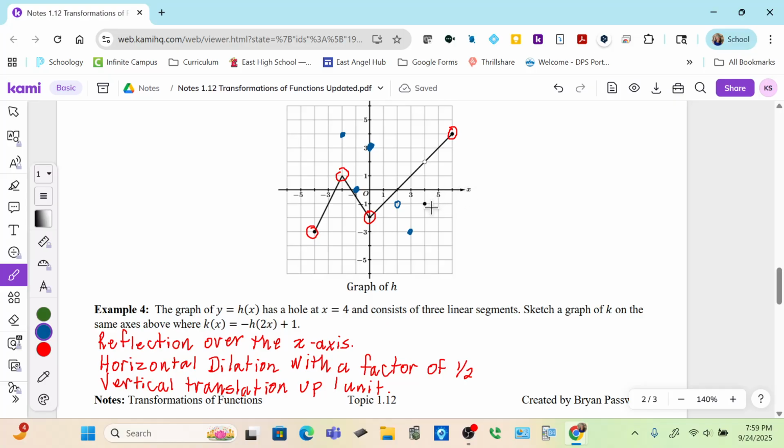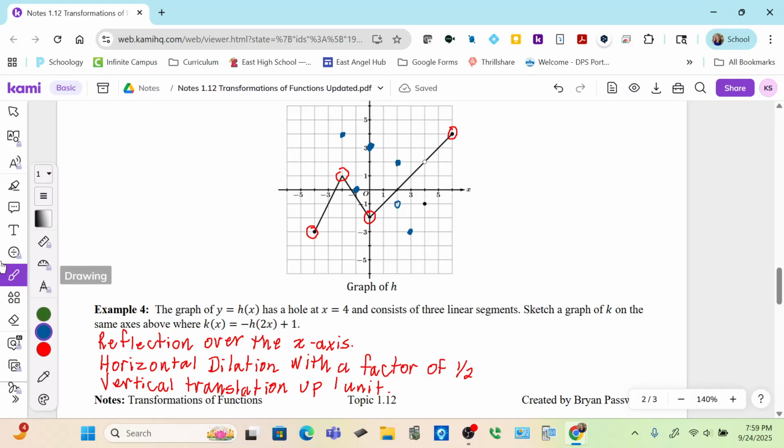Now the point, the discontinuity from that, is at 4, -1. Its reflection would be at 4, 1. We multiply the horizontal value, the x value, by 1/2. So 4 times 1/2 is 2. And we shift it up 1. And we have our point.